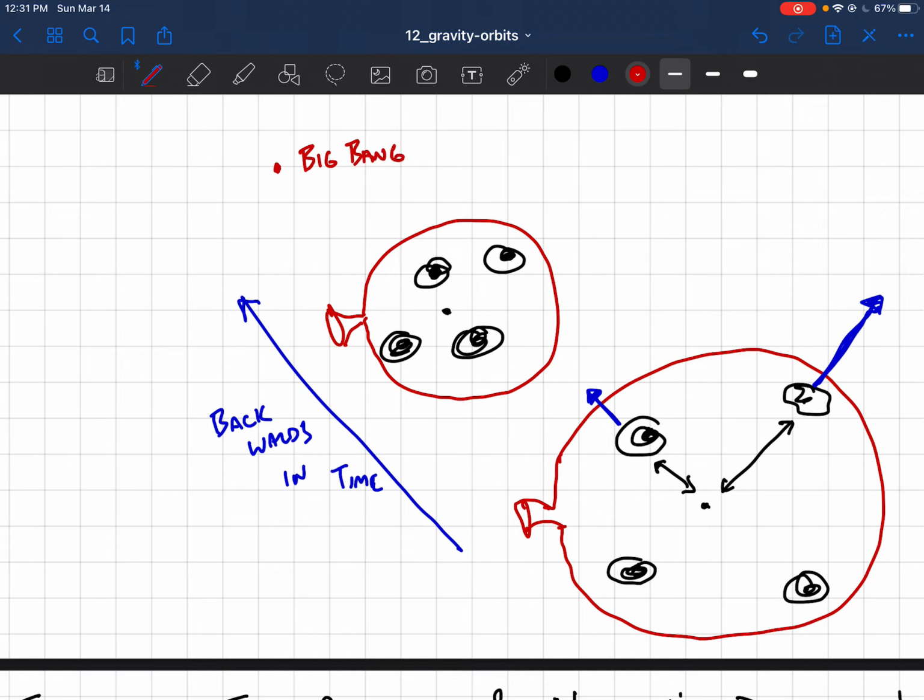So our observations of the universe today, which show us that galaxies are expanding faster away from us as they get further away from us, lead to this idea that at one moment in time, all of the matter of the universe was compressed into a single point, which we call the Big Bang. And that's effectively our theory of cosmology today, which is that we came from this moment, the Big Bang, which happened something like 13.6 billion years ago.